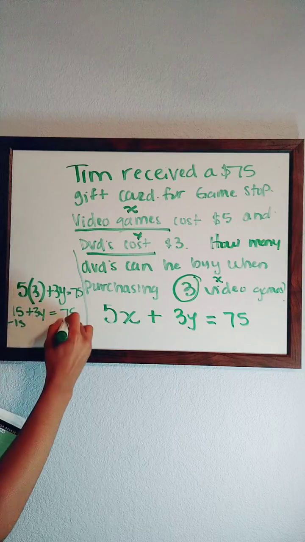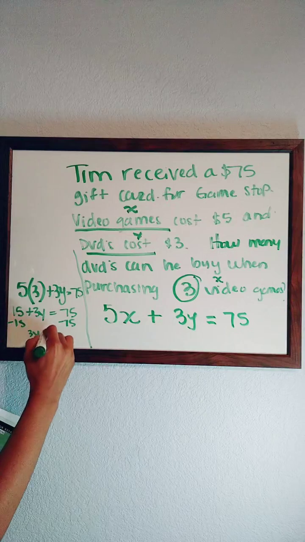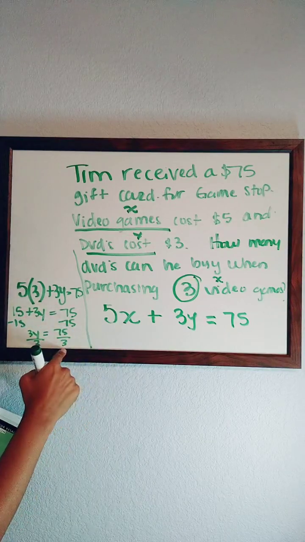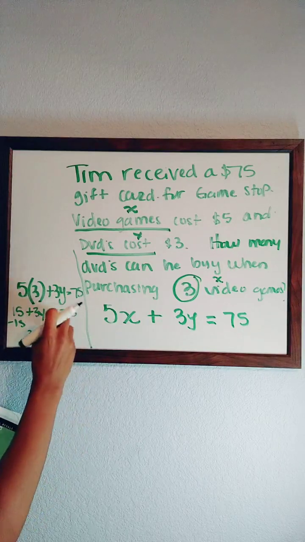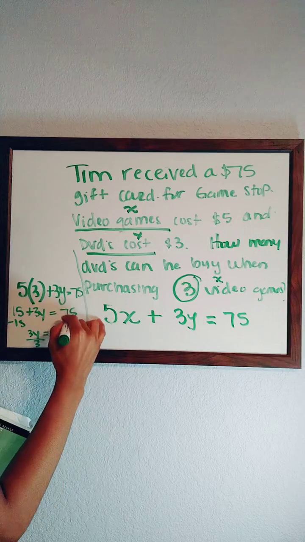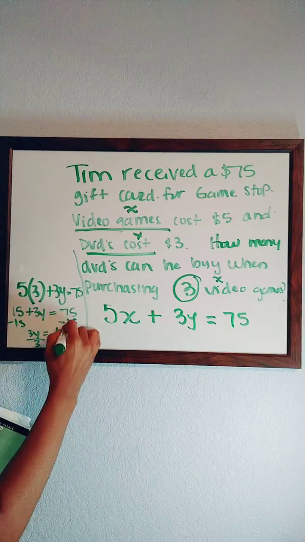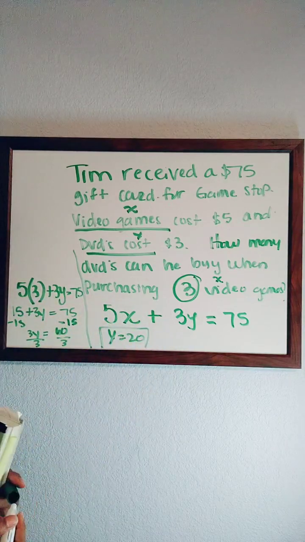Then you just go into your regular steps for solving linear equations, and this would be 1 variable now. That's why they end up getting y is equal to 20 for the answer.